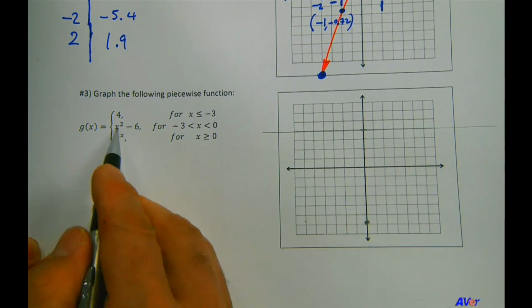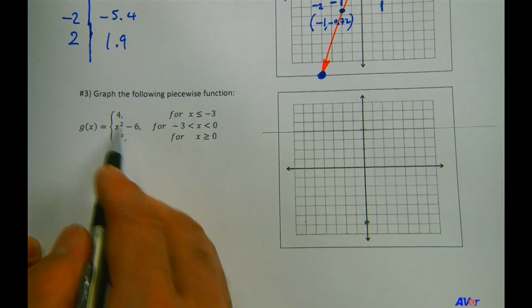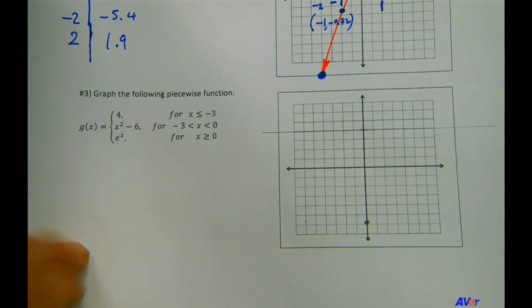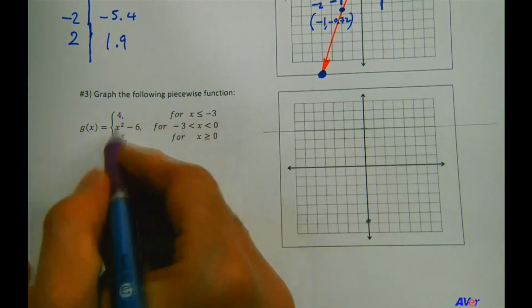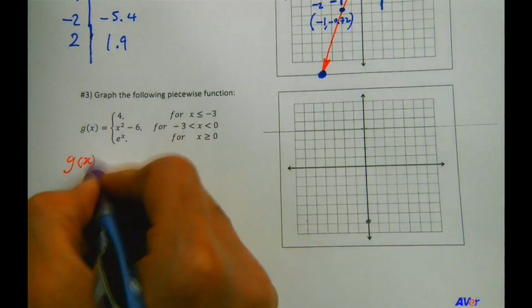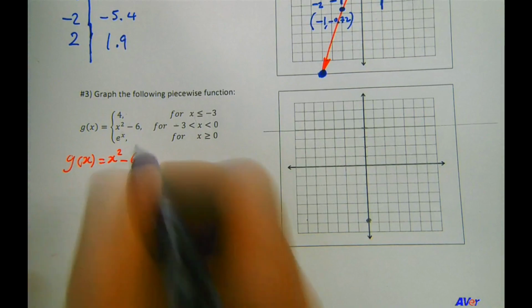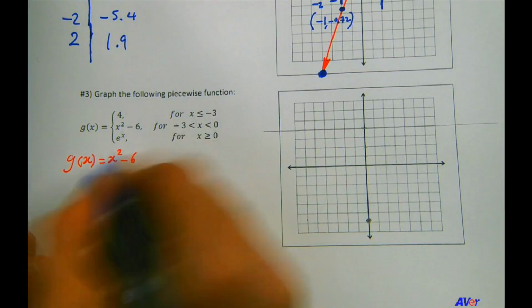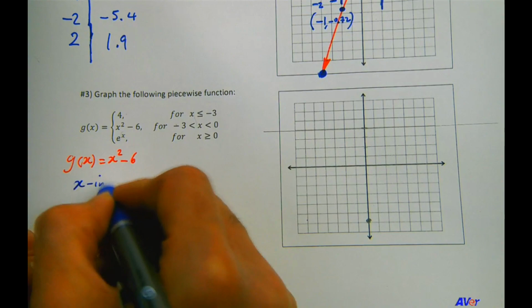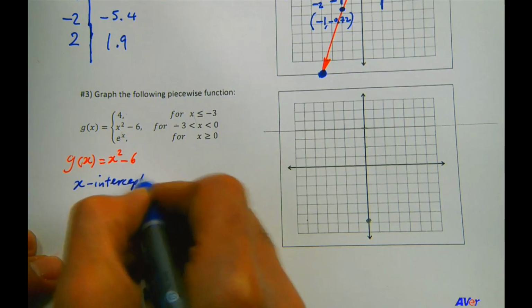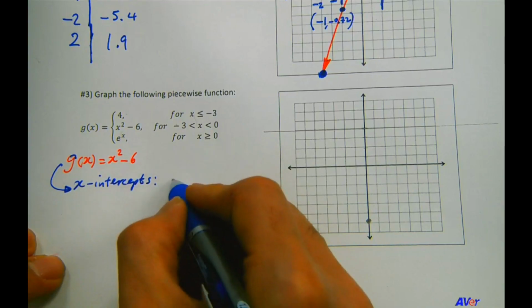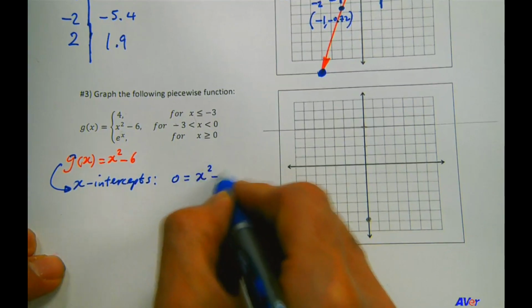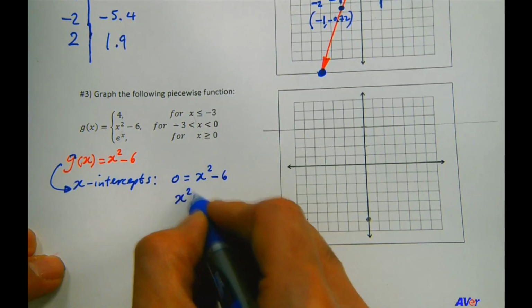And the y-intercept, and the x-intercepts, let's find where those x-intercepts are. For g of x equals x squared minus 6, the x-intercepts are 0 equals x squared minus 6, x squared equals 6.